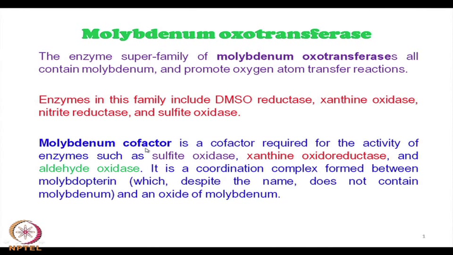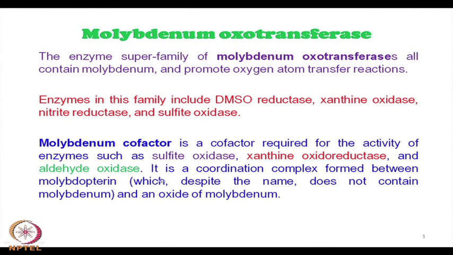We consider them as a cofactor, because this cofactor is required for the activity of enzymes such as sulfite oxidase. Xanthine we can call oxidase or oxidoreductase, because the reaction is reversible. One other example is aldehyde oxidase, where aldehyde molecules can be oxidized because you can transfer that oxygen to the carbon center of the aldehyde.